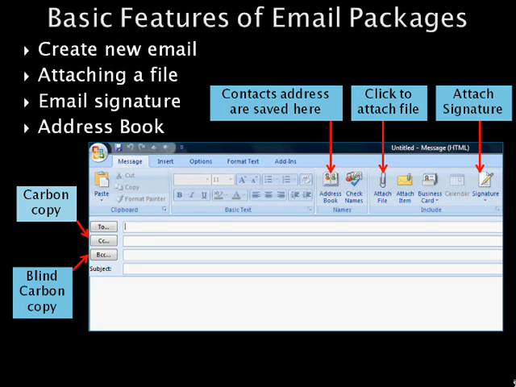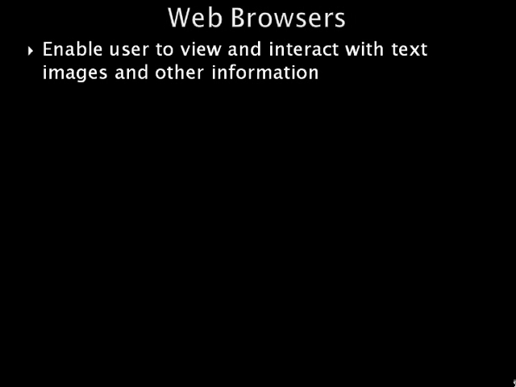Web browsers. A web browser is a software application that enables a user to view and interact with text, images, and other information, typically located on a web page at a website, on the World Wide Web, or on a local area network. Text and images on a web page can contain hyperlinks to other web pages at the same time or different website.